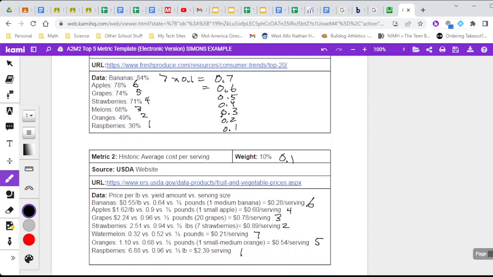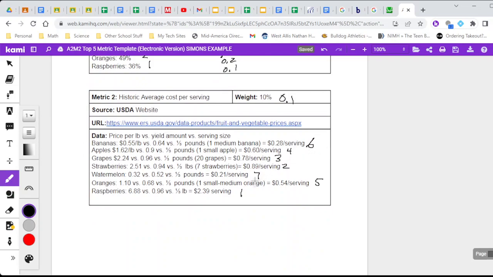Pretty easy. We'll do the other 10% one because it's going to be the same thing. So this is 0.7, 0.6. I'm going to put everything over here. 0.5. We'll move you there. 0.2, 0.3, 0.4, and 0.1.